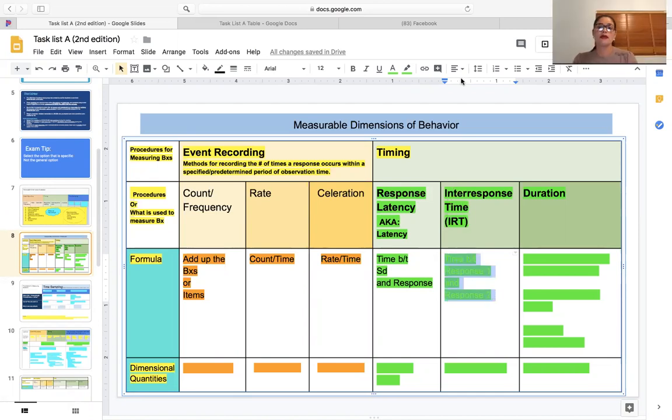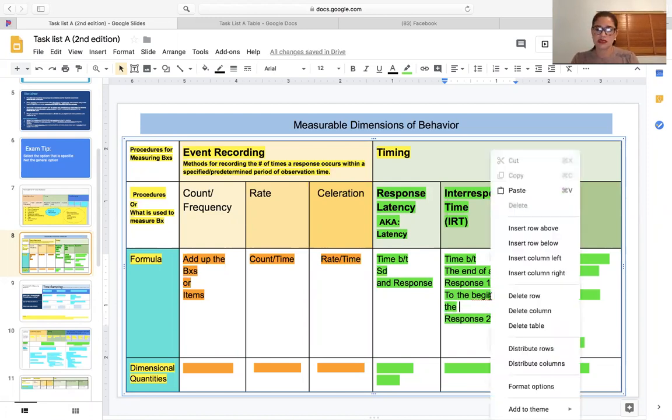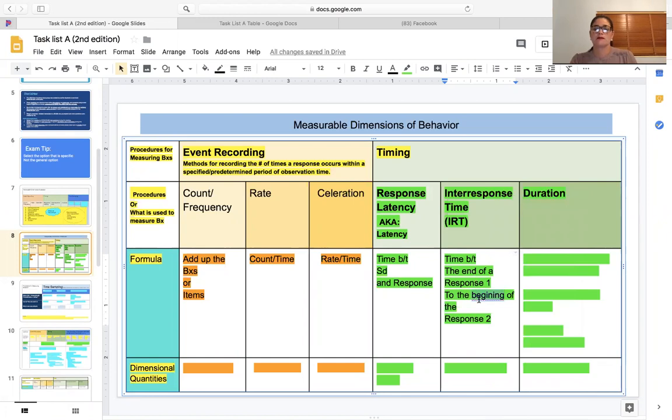Or if you want to be even more precise, time between the end of a response to the beginning of response number 2. Makes more sense.